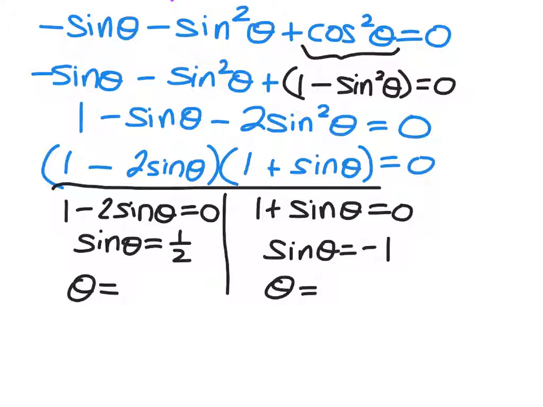So we just have to think, where on the unit circle would we expect a y value to be equal to 1/2? For what radian measures? Pi over 6. And what's the other one? 5 pi over 6.